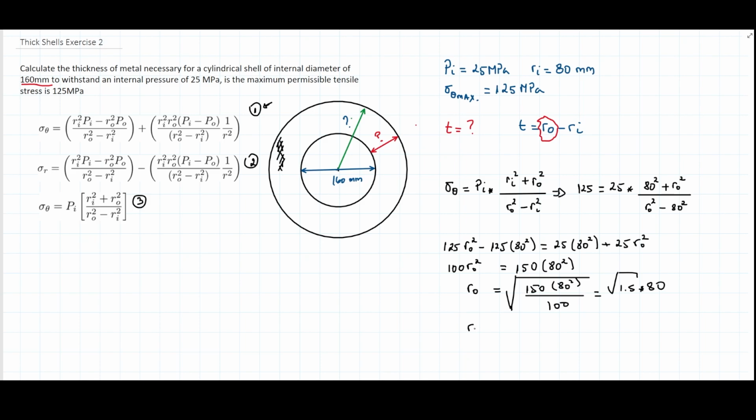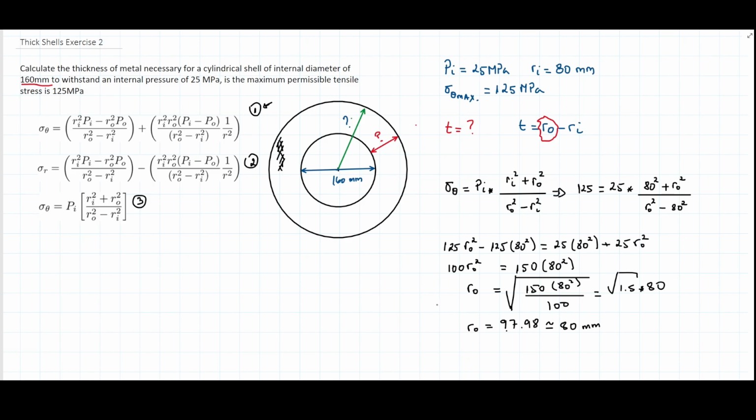Then the outer radius, if I do a quick calculation with the calculator, the square root of 1.5 times 80 gives me 97.98, very close to 98. Let me write it better: approximately 98 millimeters.